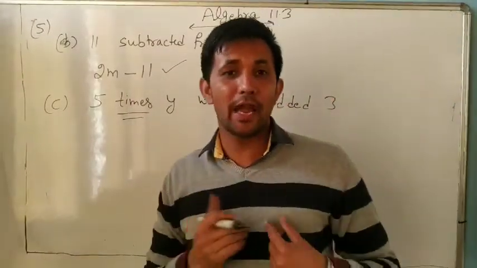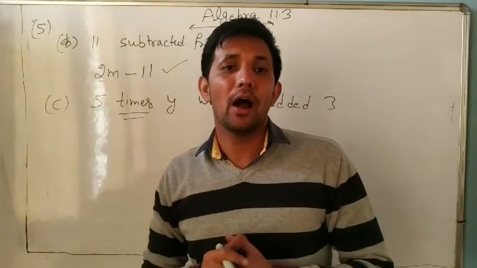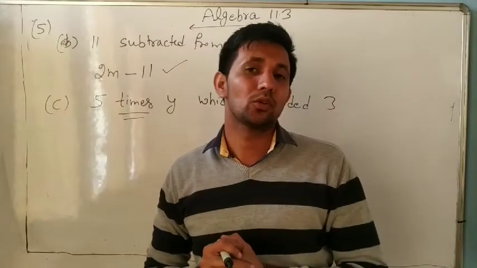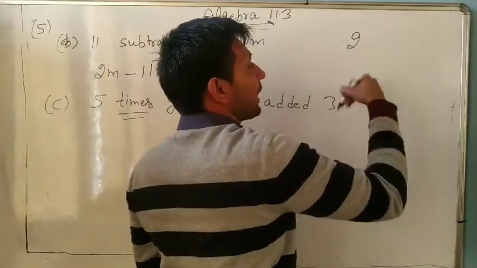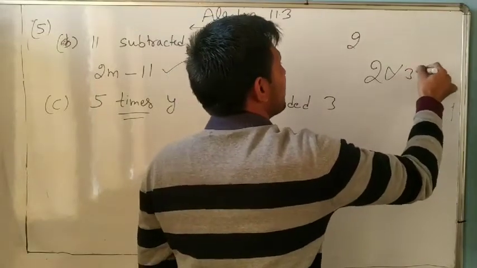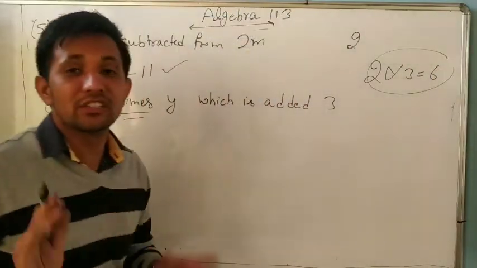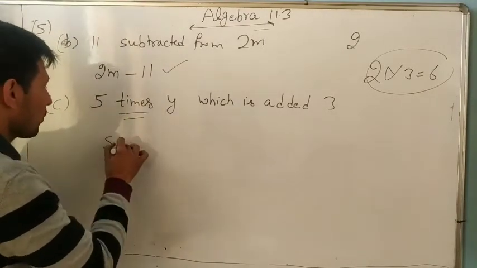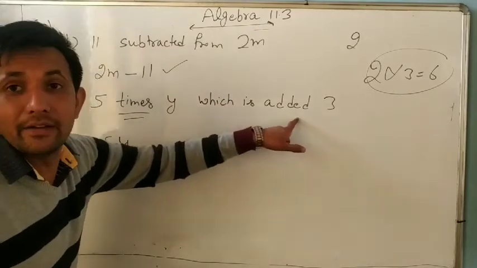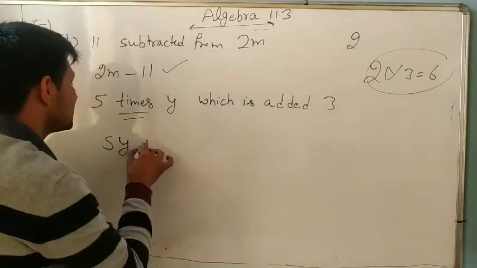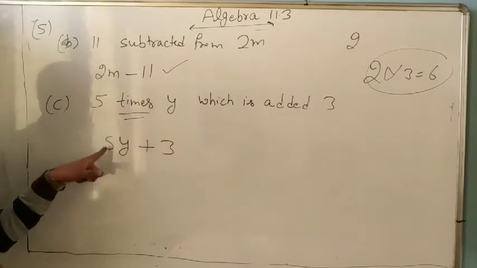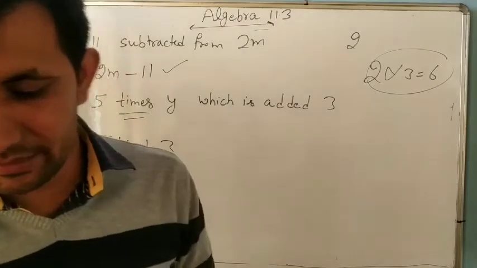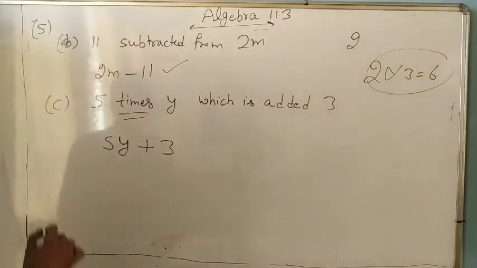If I say I have 2 times your rupees, I have thrice the rupees of yours, so if you have 2 rupees, I have thrice, meaning 2 into 3, 6 rupees. Same as 5 times means 5 into y, which is added 3. So plus 3. Understand it? Next is D.